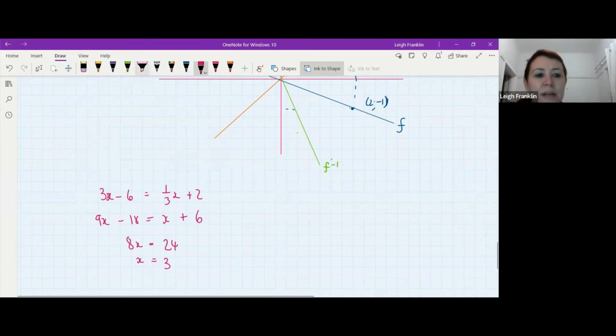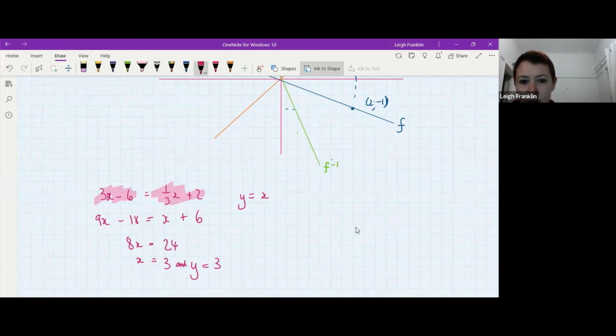Whether you sub into this or the line y equals x, you're going to get the same answer for y. So y would be equal to 3. All right, Boitshepo, sorted.